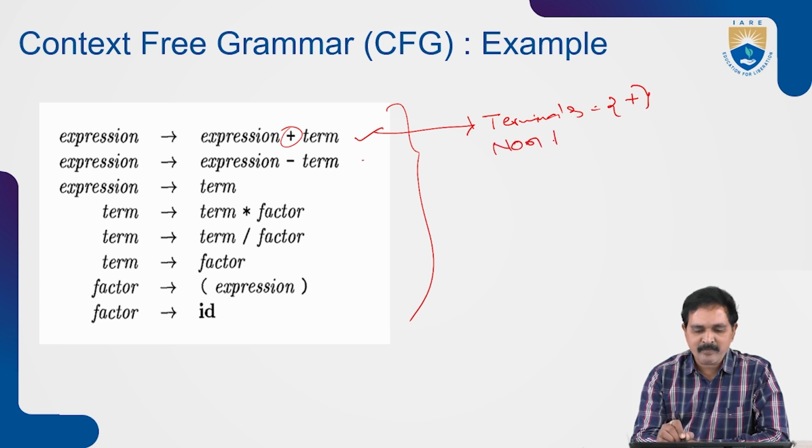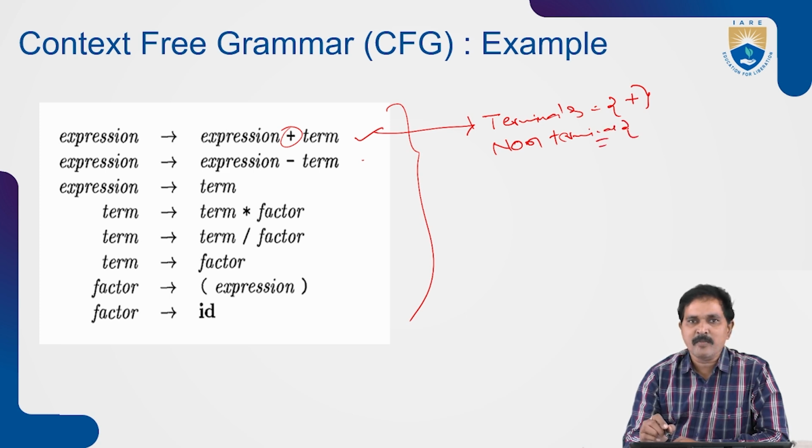What are the non-terminals of this production? There are two non-terminals in this production. One non-terminal is expression, and another non-terminal is term. So that is the idea regarding the terminals and the non-terminals.